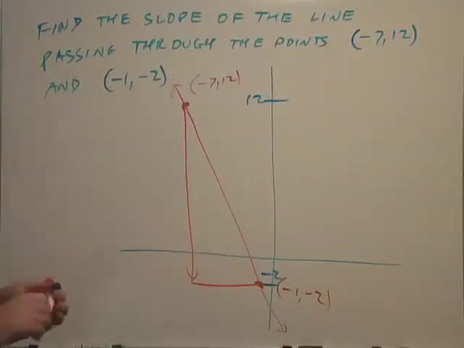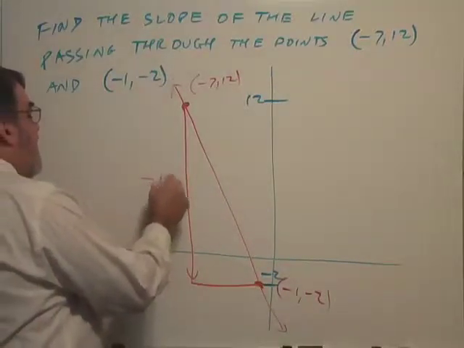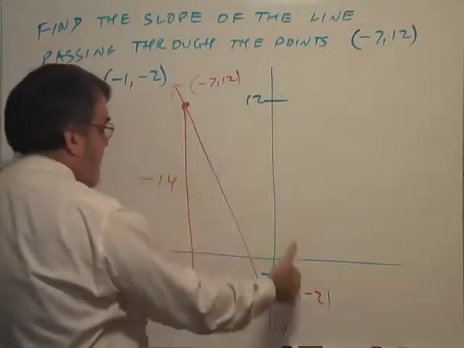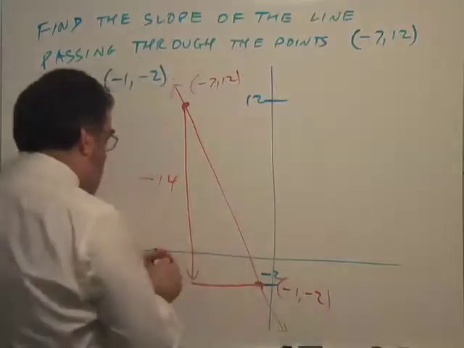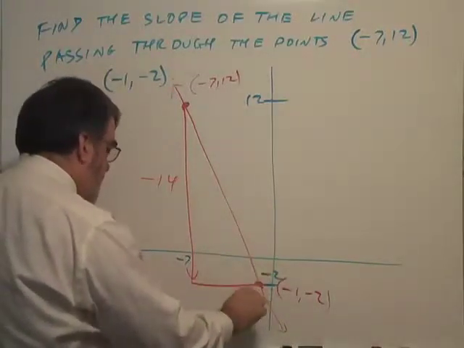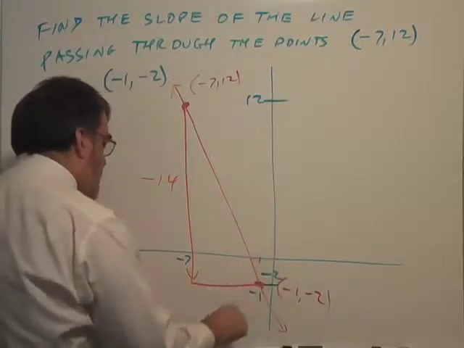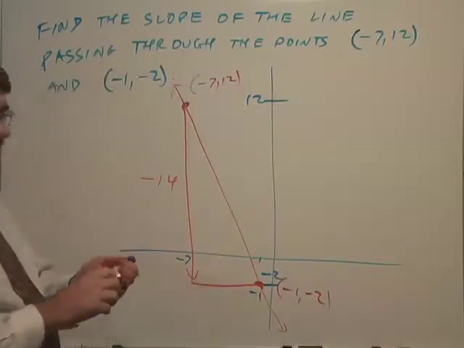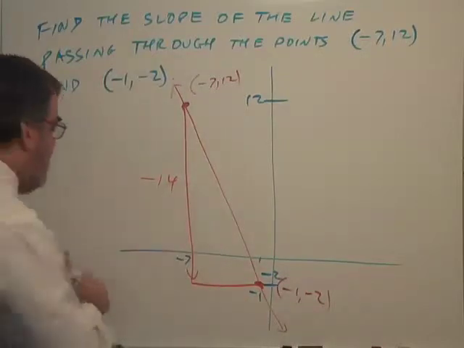I'm dropping by 14. So I'm going to call this -14. And when I go left to right, I'm going from -7 over to -1. It is how much? That's 6 units. Count over, that's 6 units.